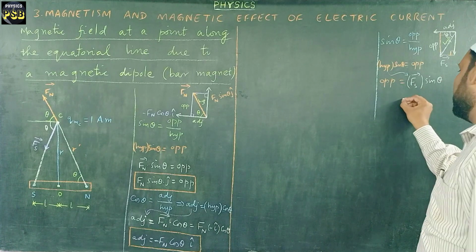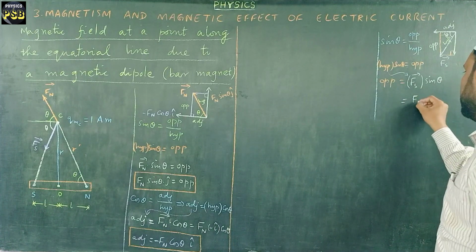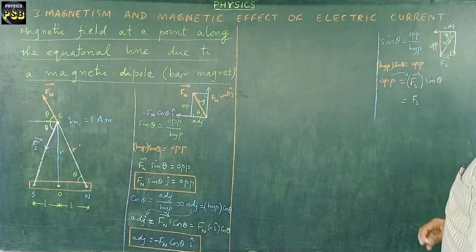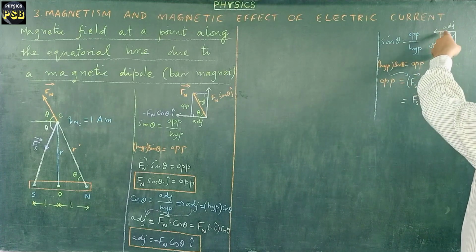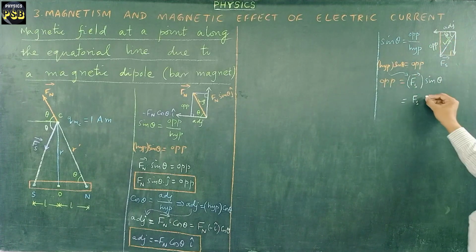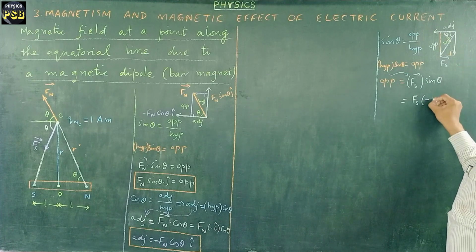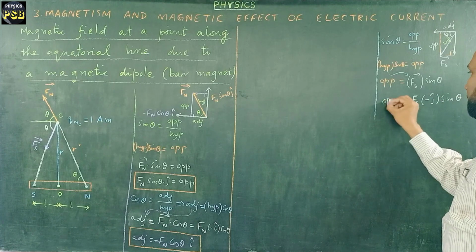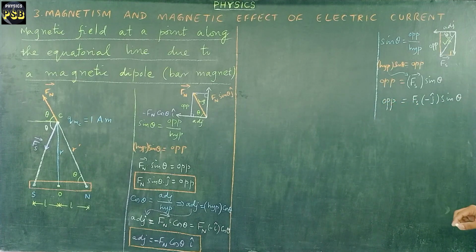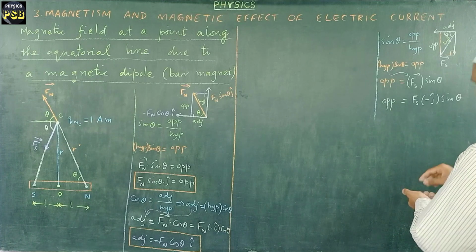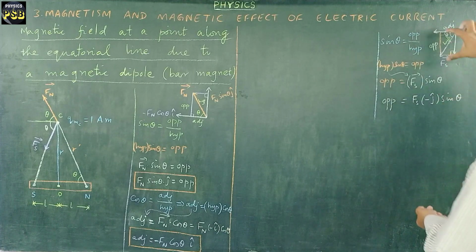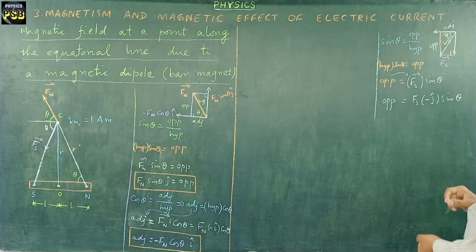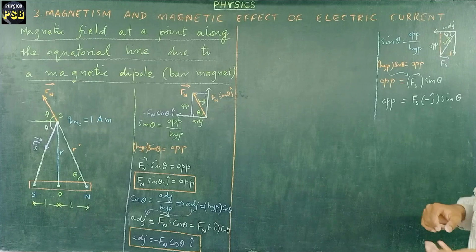Here the Fs vector can be written as Fs multiplied with the unit vector. What is the unit vector? The unit vector along the minus y-axis, minus j cap, the sine theta. Okay, this is opposite side. So the value of this line is minus Fs sine theta multiplied with j vector.